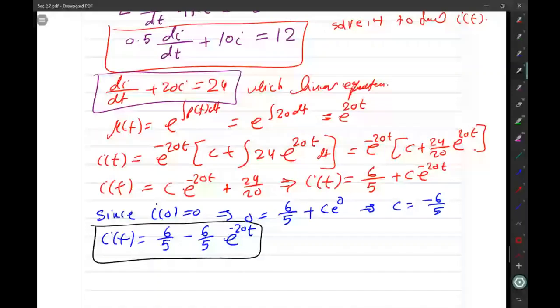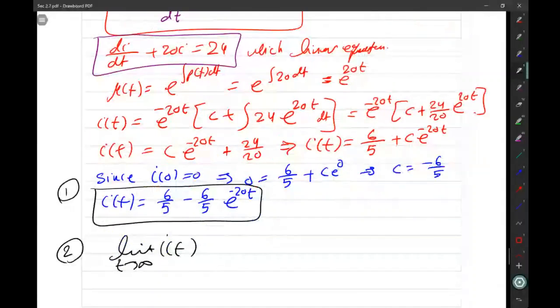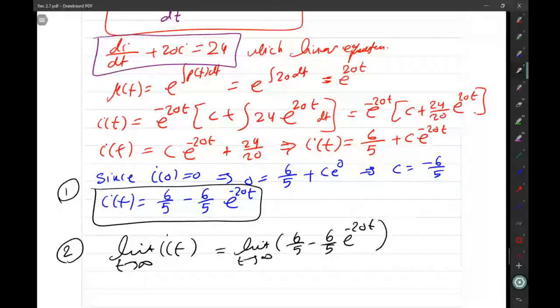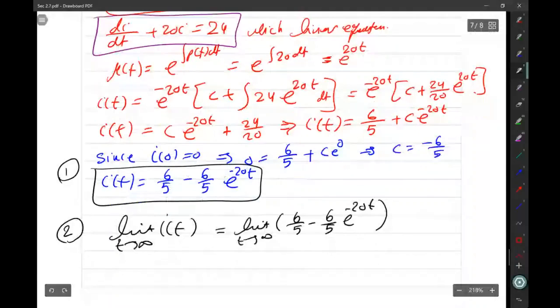The second part says I have to find the limit of I of t as t goes to infinity. So that becomes the limit of 6 by 5 minus 6 by 5 e to the power minus 20t, where t goes to infinity. When t goes to infinity, e to the power minus 20t goes to 0. So that becomes 6 by 5 minus 0, which is 6 by 5.